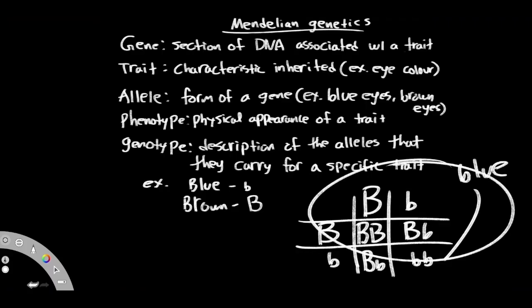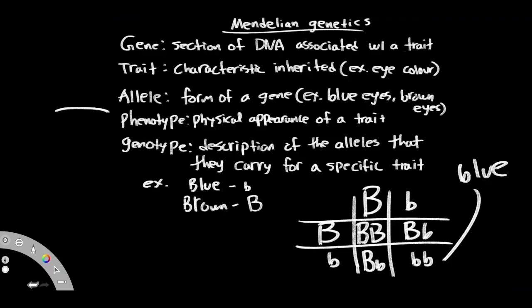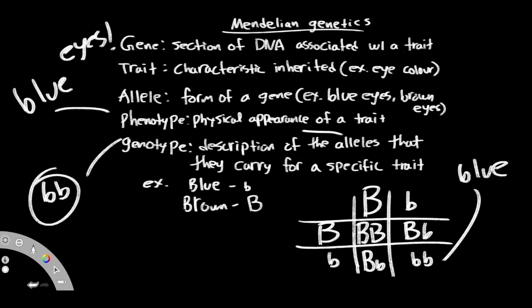So all these things that we're doing over here based on code and what we're crossing over here is an example of a genotype, of a genotypic test, because a genotype is a description of the alleles. So again, phenotype is that they have blue eyes, clear as day that you can see. A genotype is small b, small b. That is that description of those alleles for that specific trait of blue eyes.